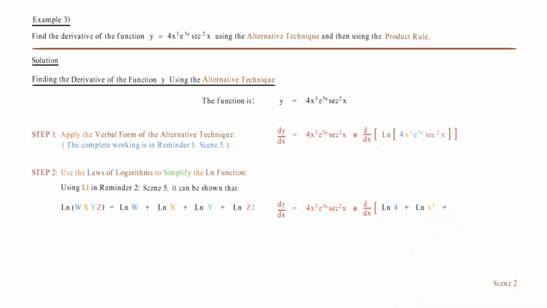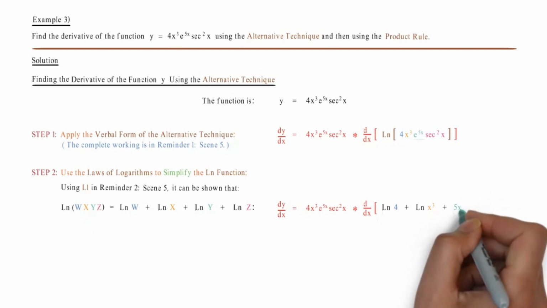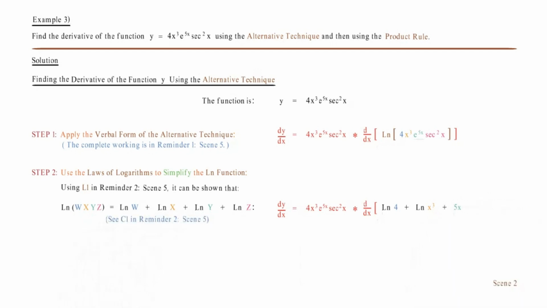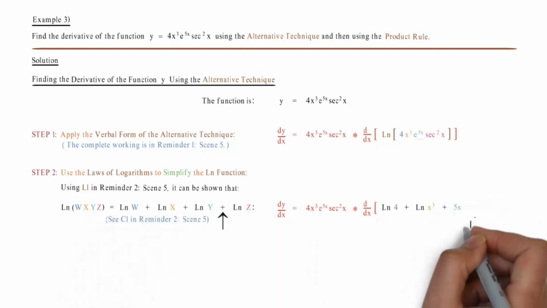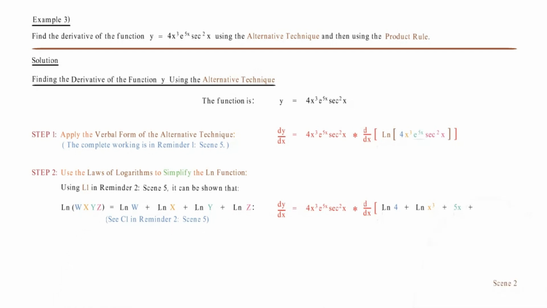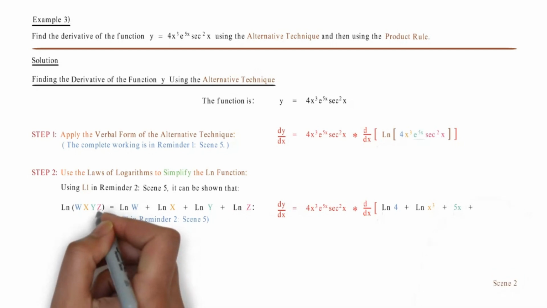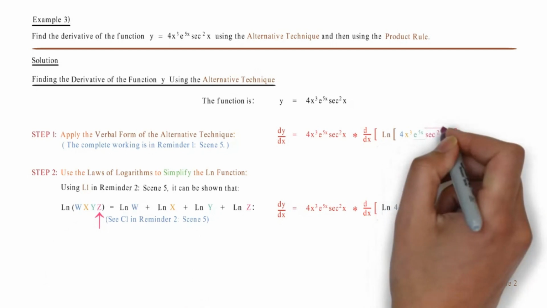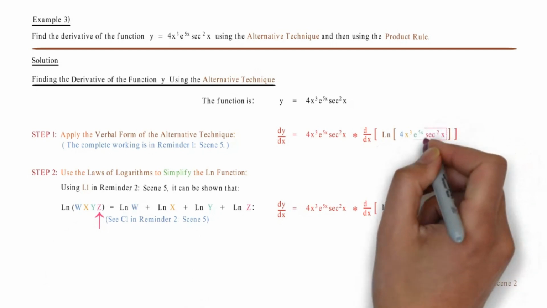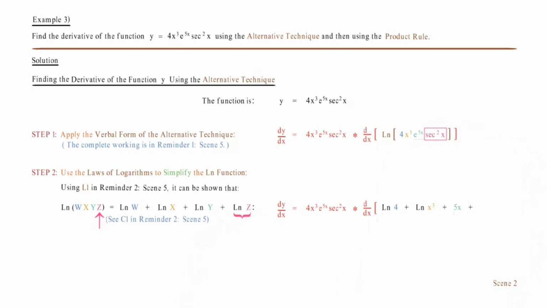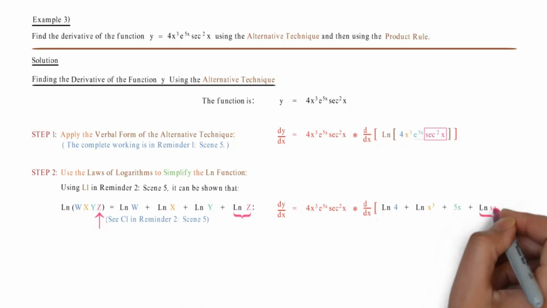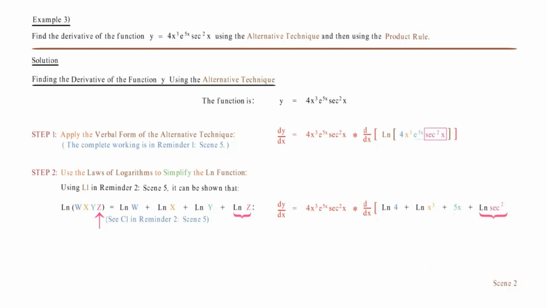which is 5x. Plus is plus. Since z is sec squared of x, ln of z is ln of sec squared of x.